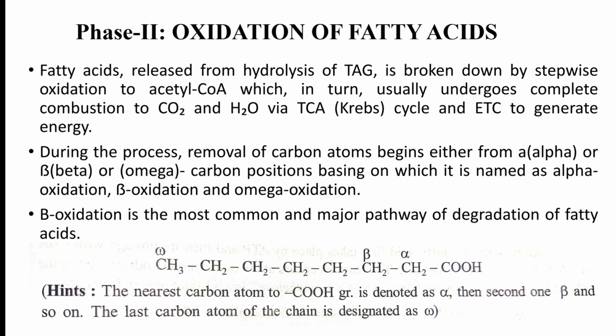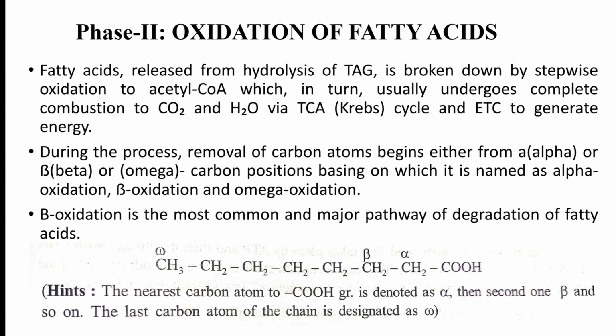So at first acetyl coenzyme A is formed, then it enters the Krebs cycle, forming carbon dioxide and water, and then the electron transport chain generates the ATP or energy.